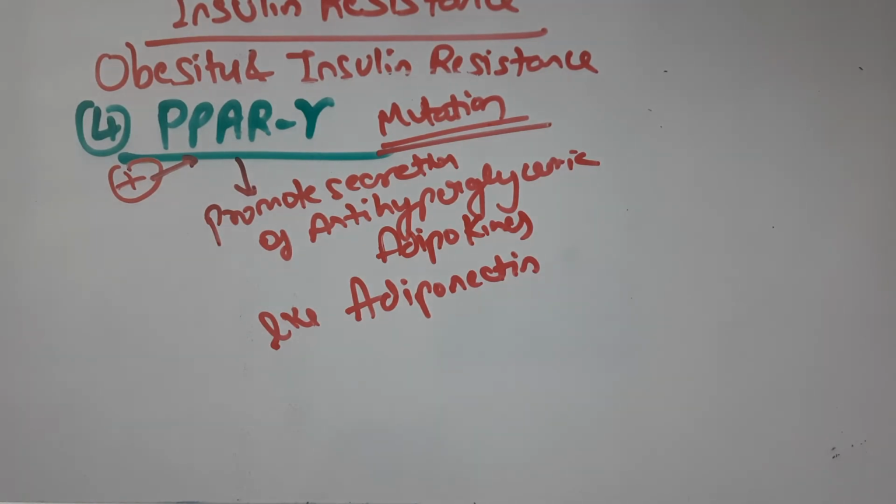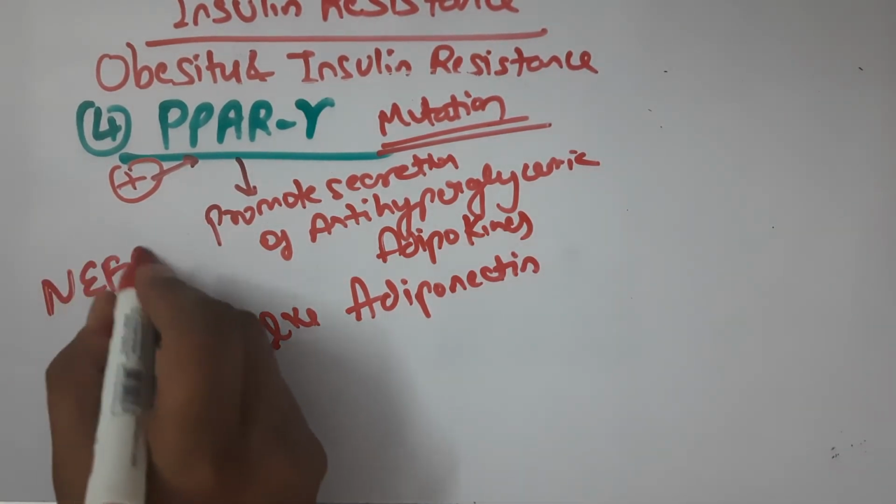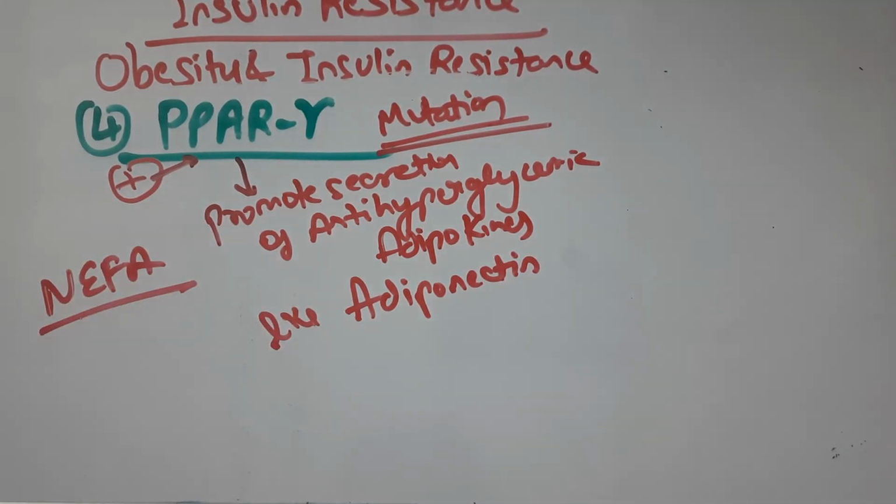So we have discussed 4 factors which are associated with insulin resistance. The first factor is NEFA, non-esterified fatty acids. They have an inverse relationship with insulin sensitivity, because we all know that they cause fatty acid oxidation, which competes with glucose for oxidation.